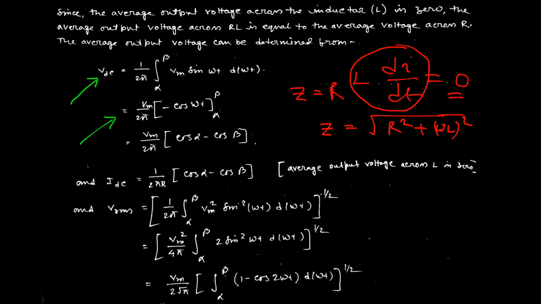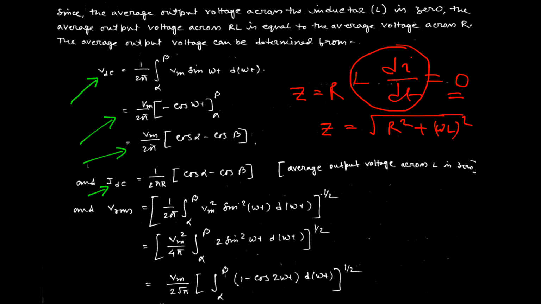Applying the limits, we get Vm by 2 pi into cos alpha minus cos beta. And I DC, the average output current, is V DC by R, that is Vm by 2 pi R into cos alpha minus cos beta.